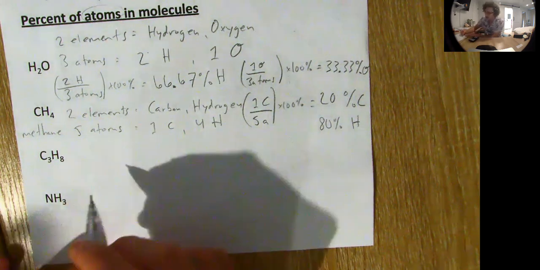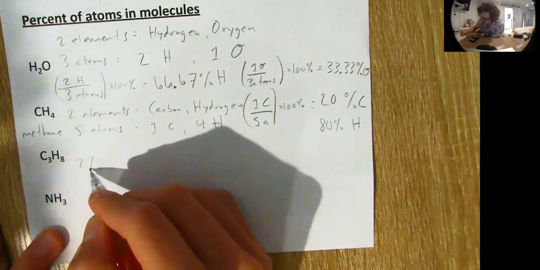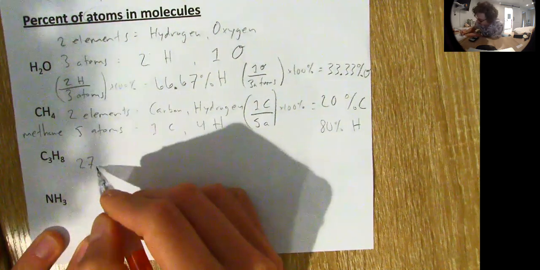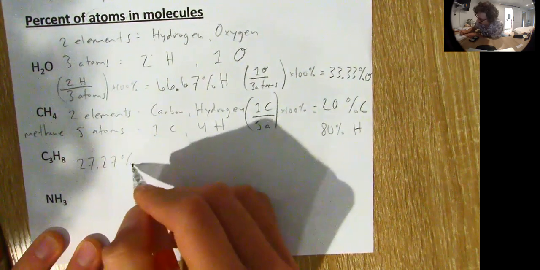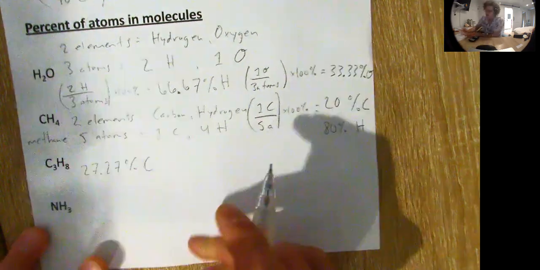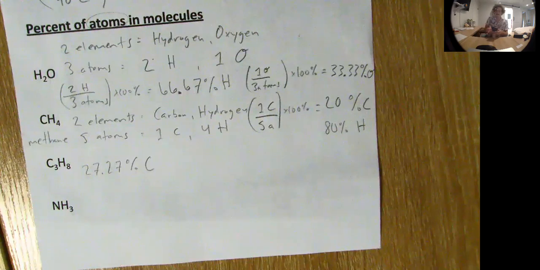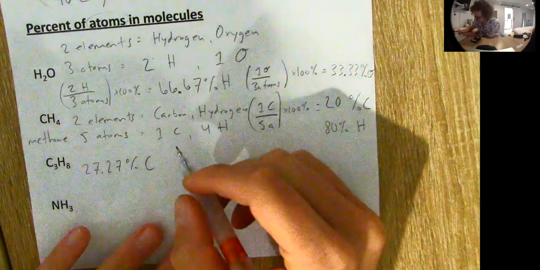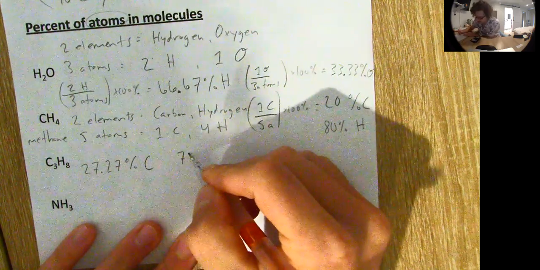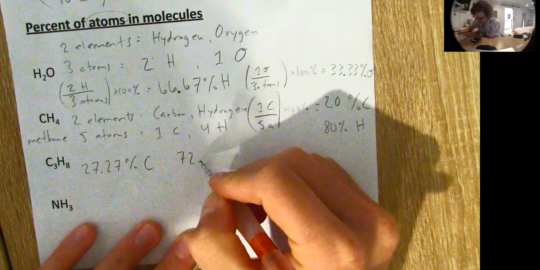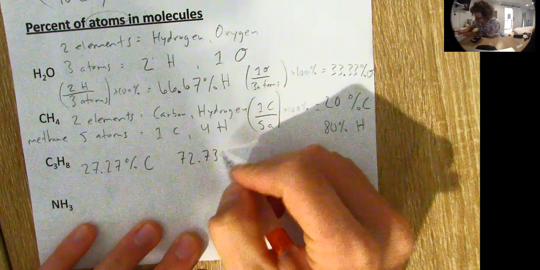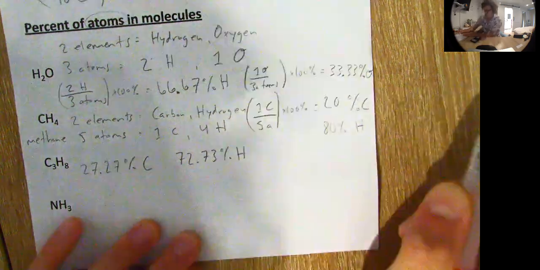So for this answer, it's 27.27% carbon. Keep putting the divided button. And it's going to be 72.73% hydrogen.